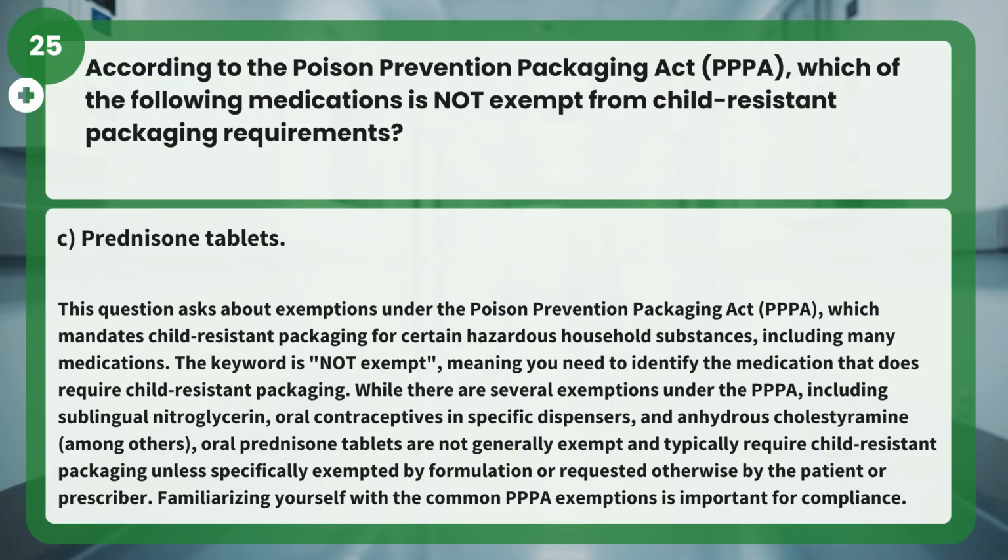While there are several exemptions under the PPPA, including sublingual nitroglycerin, oral contraceptives in specific dispensers, and anhydrous cholestyramine, among others, oral prednisone tablets are not generally exempt and typically require child-resistant packaging unless specifically exempted by formulation or requested otherwise by the patient or prescriber. Familiarizing yourself with the common PPPA exemptions is important for compliance.